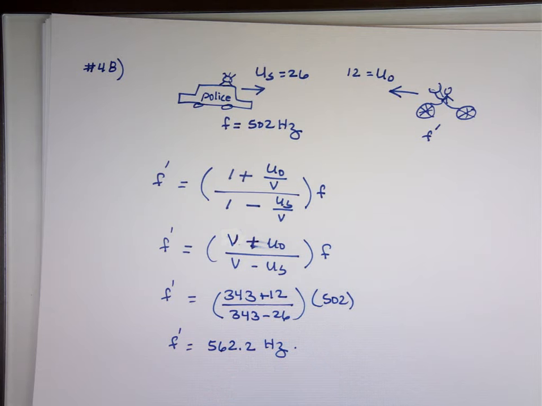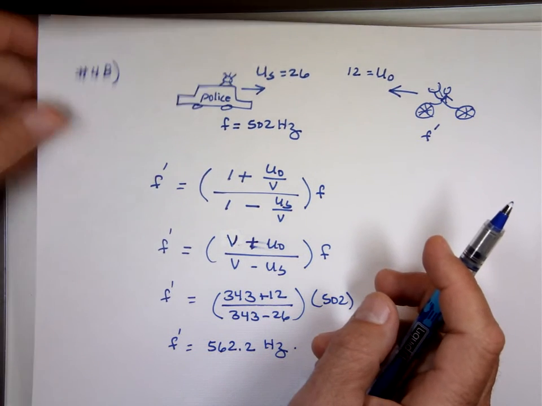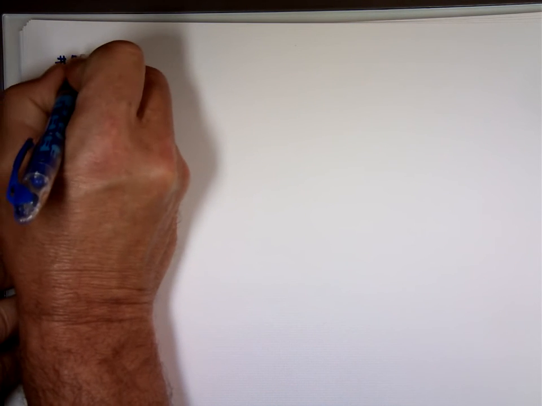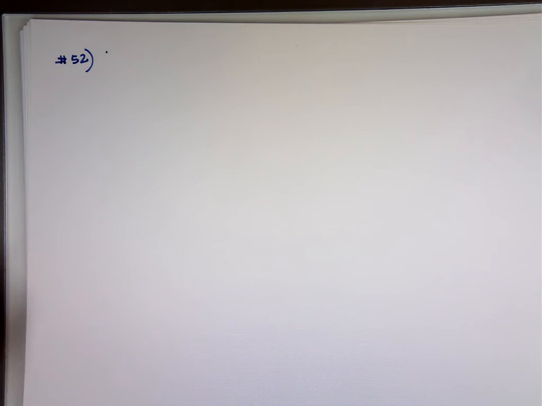Okay. 52 is the last one. A particular jet engine produces a tone of 495 hertz. So the frequency is 495.